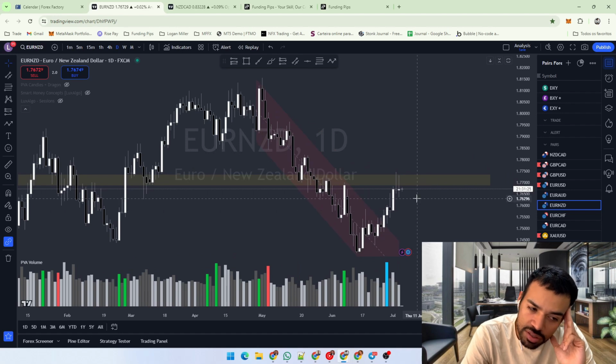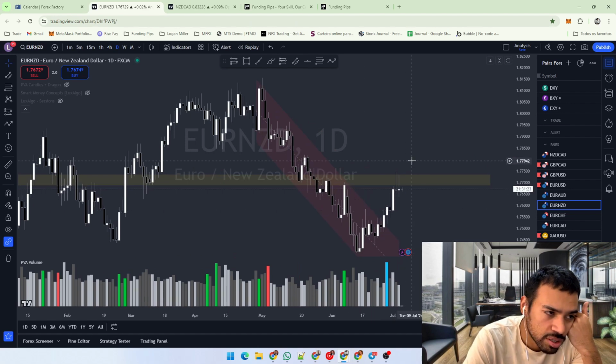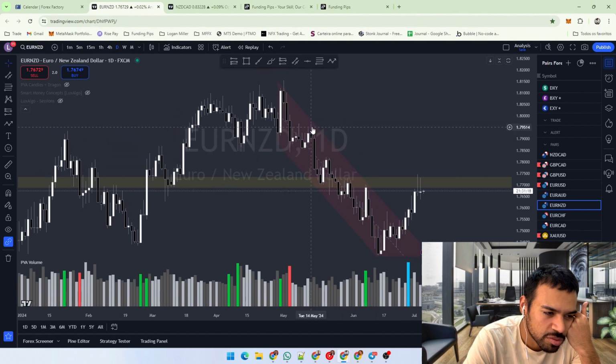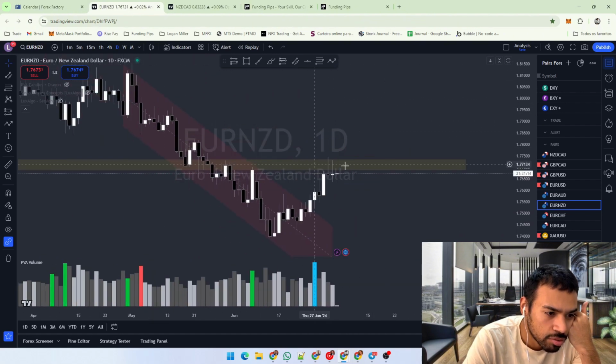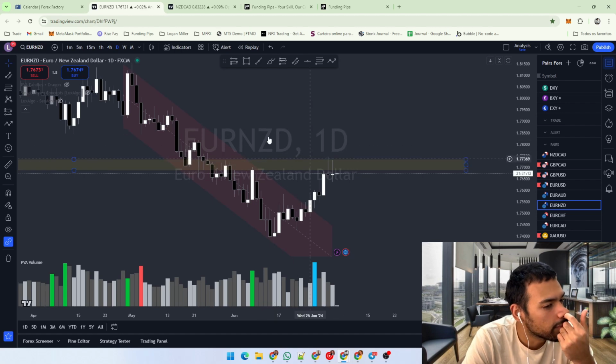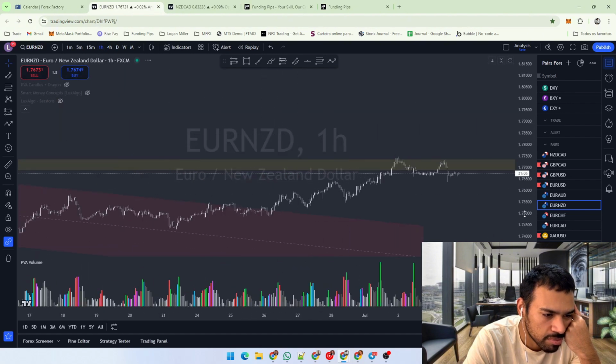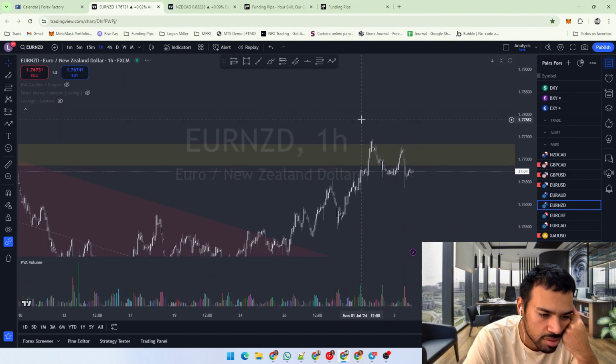So the price is in the area. I will look for short positions based on the daily downtrend, okay? So probably we already have some positions this week, but I do not open trades on this pair. But let me see.